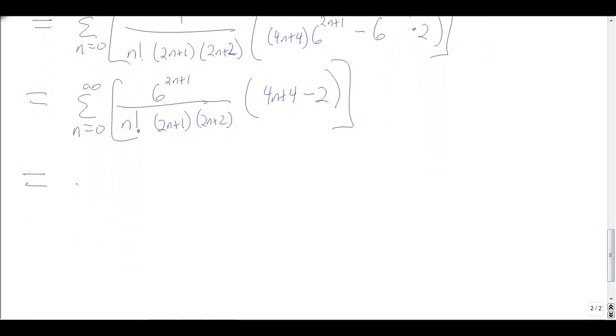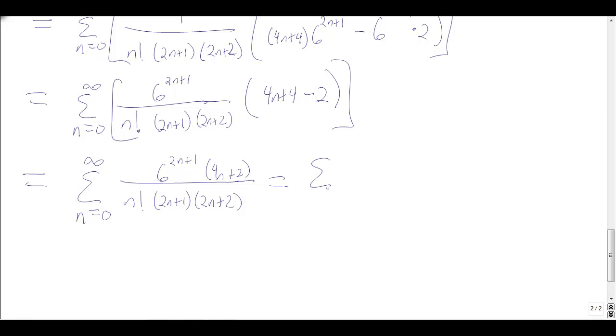Okay, but that is, let's see, I'm just going to do 6 to the 2n plus 1 over n factorial, 2n plus 1, 2n plus 2. This 4n plus 4 minus 2, that's 4n plus 2.